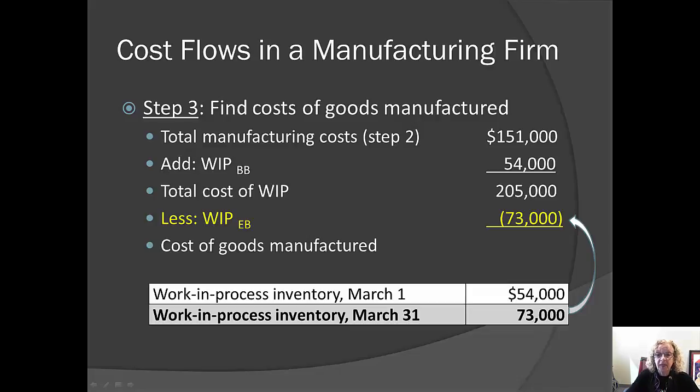So if we take the $205,000 of costs for units that we might have finished and subtract out the cost for units that clearly aren't finished yet, that tells us that the dollar value for units that did get finished in March is $132,000.